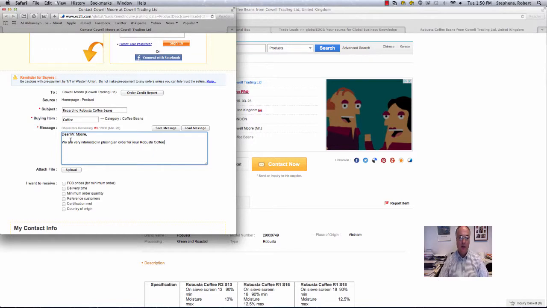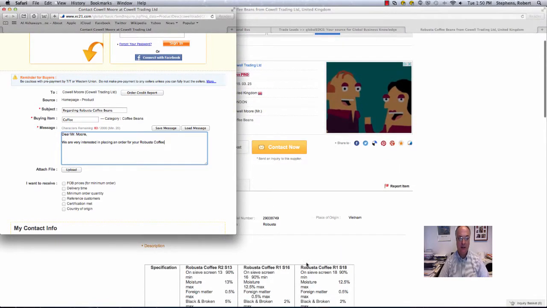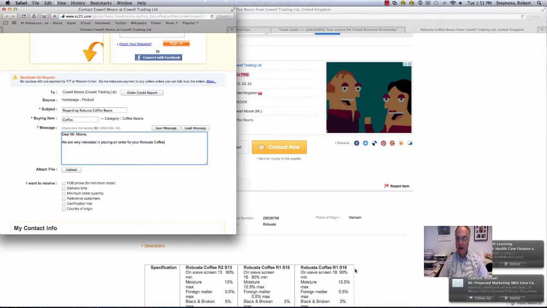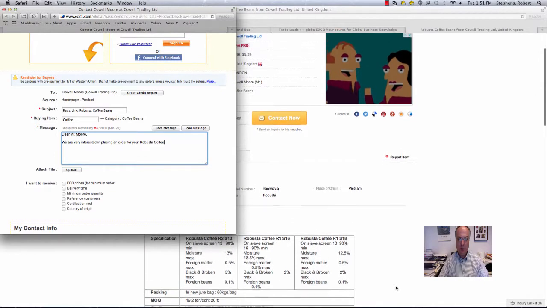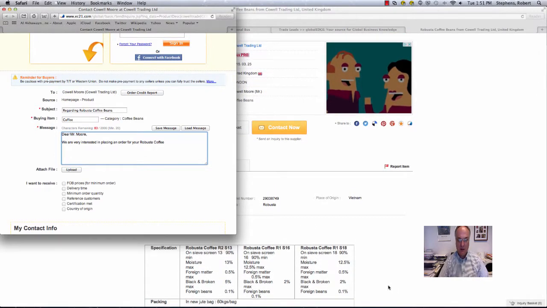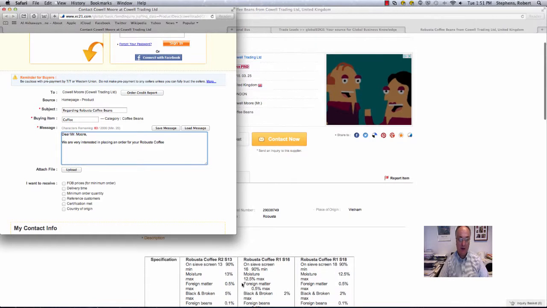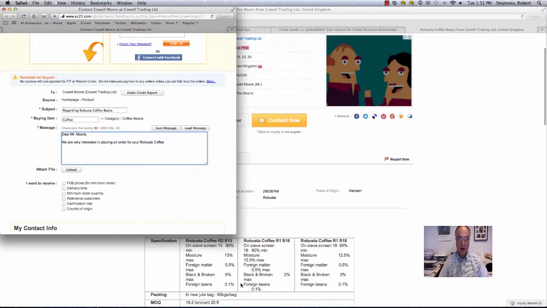And here they've given me 3 specifications: R2S13, R1S16, R1S18. So I might want to see which I'm most interested in. And I don't know a lot about coffee, but I'm going to just pick the Robusta R1S16.